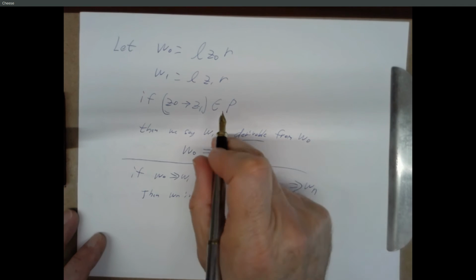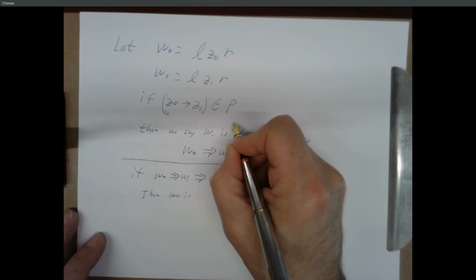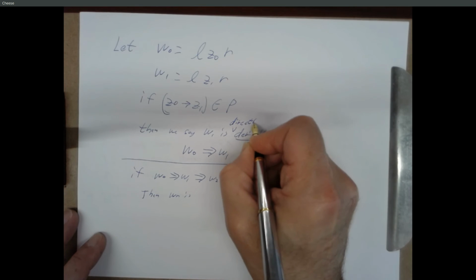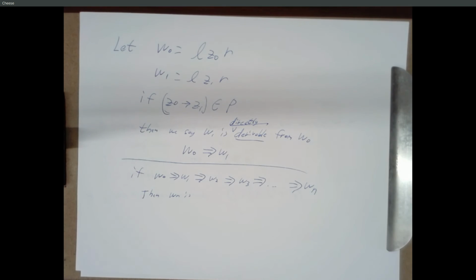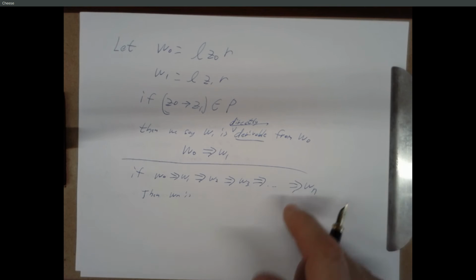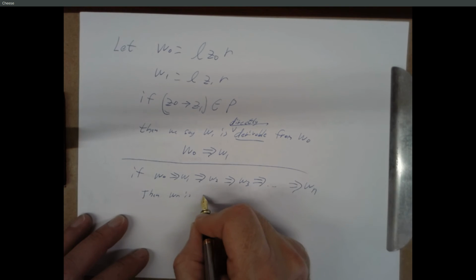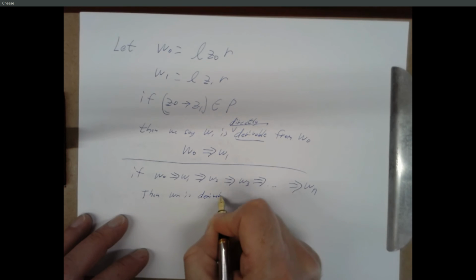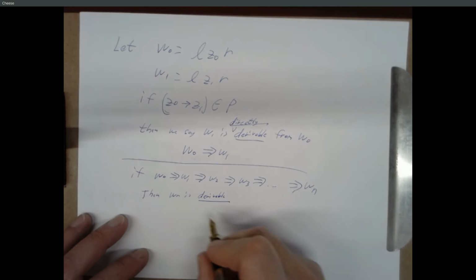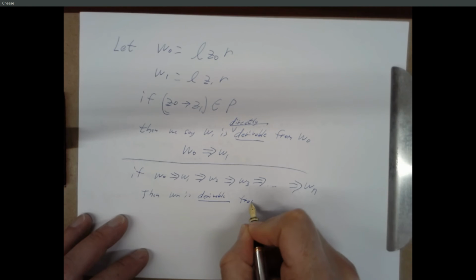W1, in this first case, is actually directly derivable. It's also derivable, but it's directly derivable if it comes directly from W0. If we can follow a chain of these derivations to get Wn, then we just say Wn is derivable, but not directly so. Wn is derivable from W0.